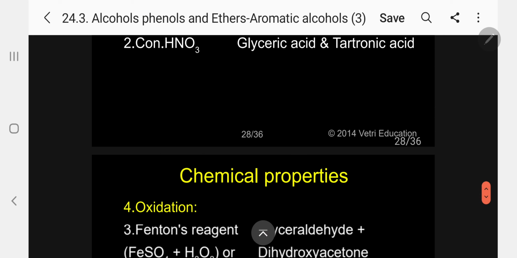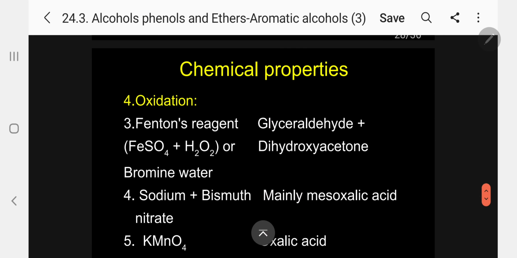Number 3, Fenton's reagent, that is ferrous sulfate and hydrogen peroxide, produces a mixture of glyceraldehyde and dihydroxyacetone, or bromine water can be used in that case.